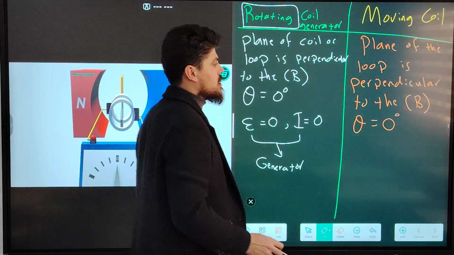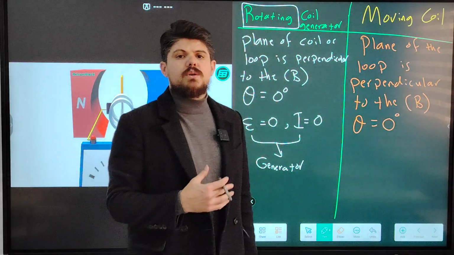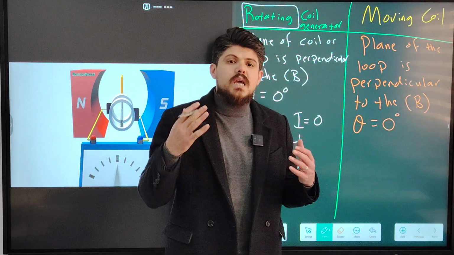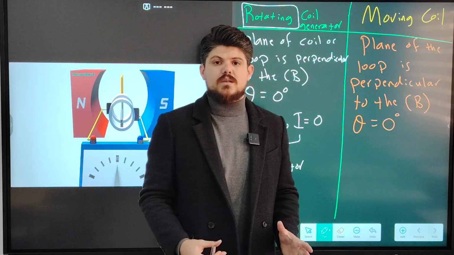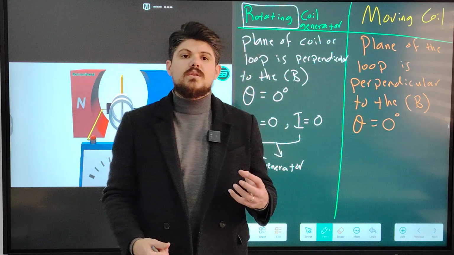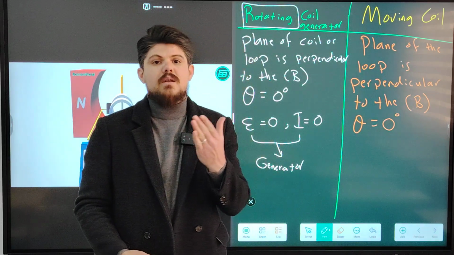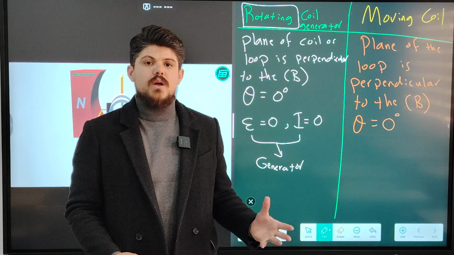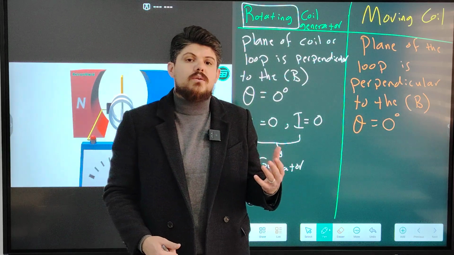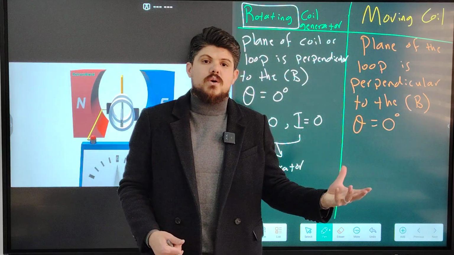In both cases, when we say the plane of the loop is perpendicular, it means the area vector is parallel to the magnetic field. So we have to count the angle between the area vector and the magnetic field, not the plane of the loop. When the plane of the loop is perpendicular, the area vector is parallel, angle 0.